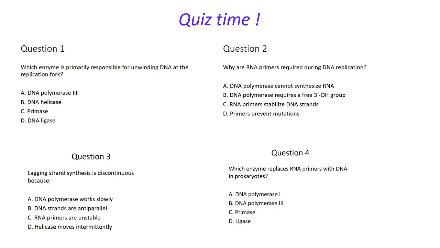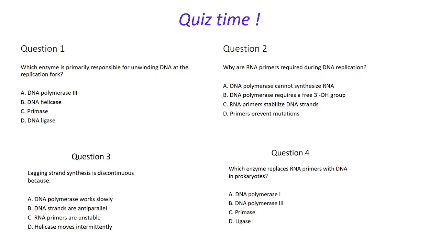As the replication fork opens, one strand, which is the leading strand, can be synthesized continuously, whereas for the other one, DNA polymerase is compelled to work in the 5' to 3' direction, which it cannot compromise on. Therefore shorter fragments are produced at a time, and that is why the process is slow as well as discontinuous. So yeah, option B.